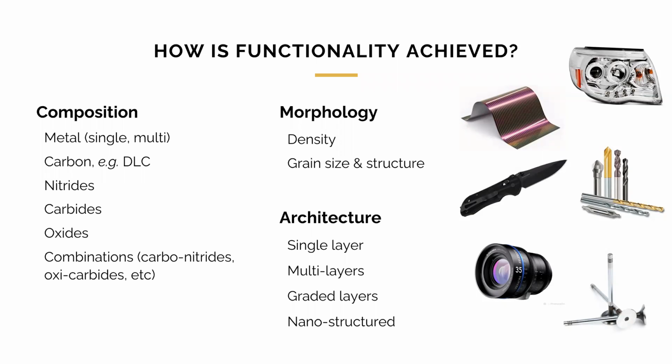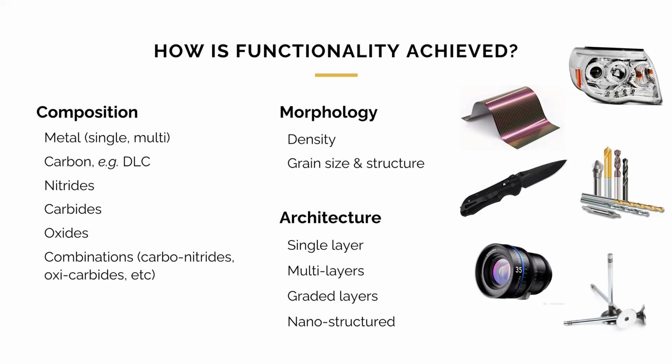And the third is the architecture. And what I mean by that, you can have a coating that's a single layer, meaning a single composition, or you can have an architecture where you have multi-layers, meaning stacks of different layers, one on top of the other. You can have graded layers where the composition changes from where it contacts the substrate all the way to the surface.